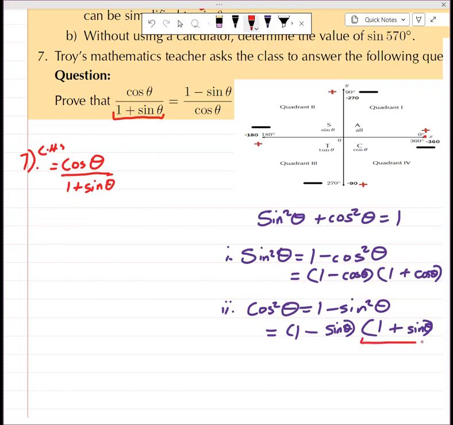Which one do I have here? I have this part here, and remember, this part is cos squared theta. And on the right, there's cos theta. So obviously, I need to use this one. The only thing that I don't have is 1 minus sine theta. But fortunately, with the knowledge of multiplication by 1, I can include this.